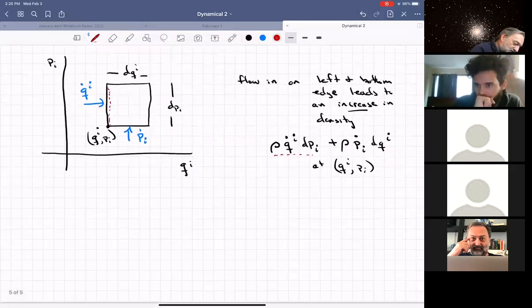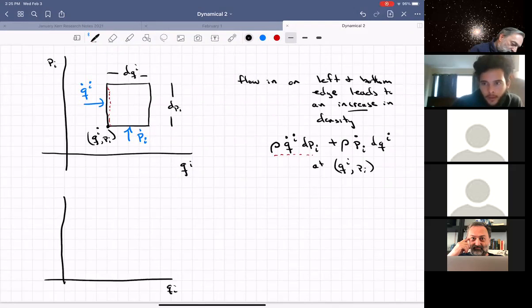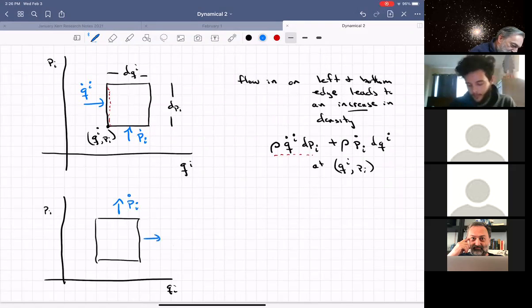Now I'm going to redraw the same diagram, trying to draw the same box. And I want to think about what's happening at the top edge and what's happening at the right edge.